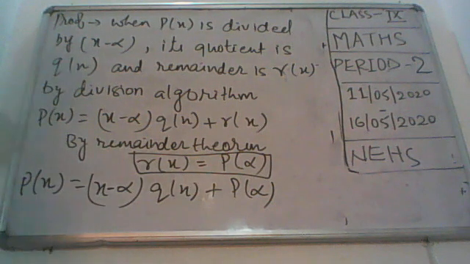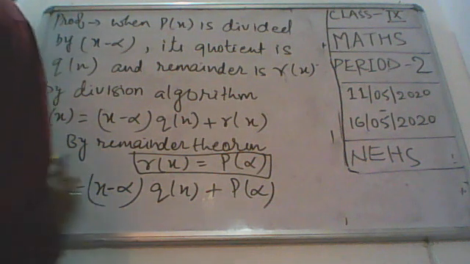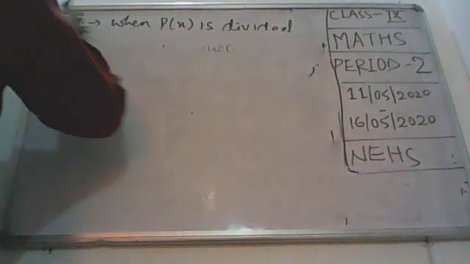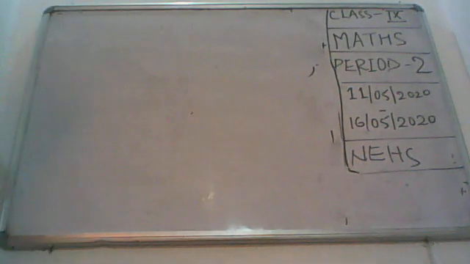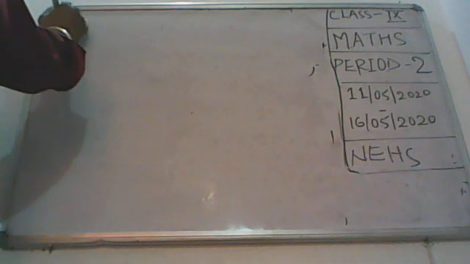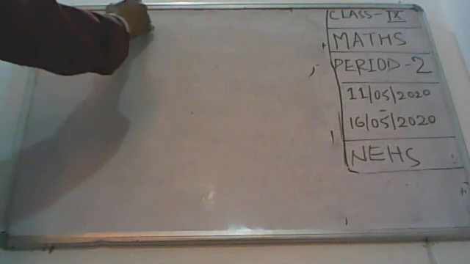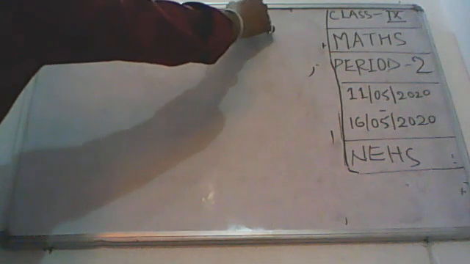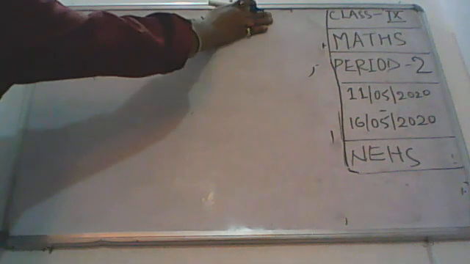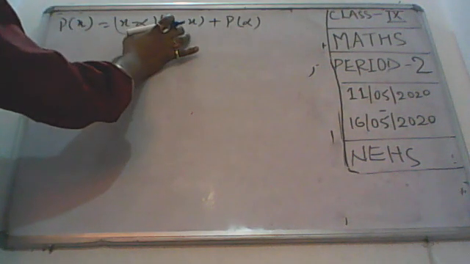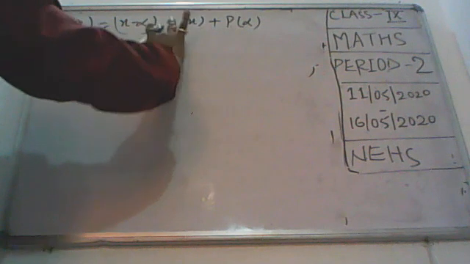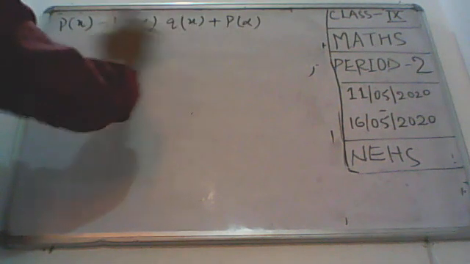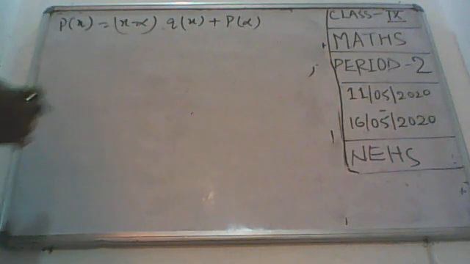So now see, what have we written? p(x) is equal to (x minus alpha) into q(x) plus p(alpha). Now suppose this term becomes 0, then these two are the factors of this p(x). Yes, they are the factors here.